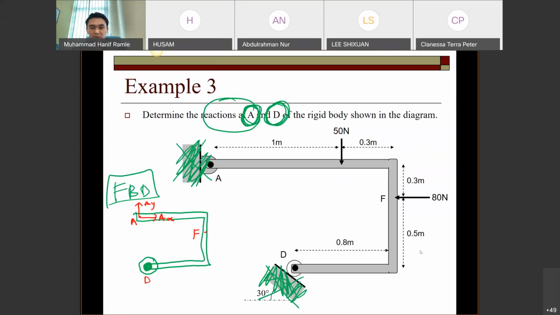At point D, in which direction? Are you with me? Which direction for D? Anyone?